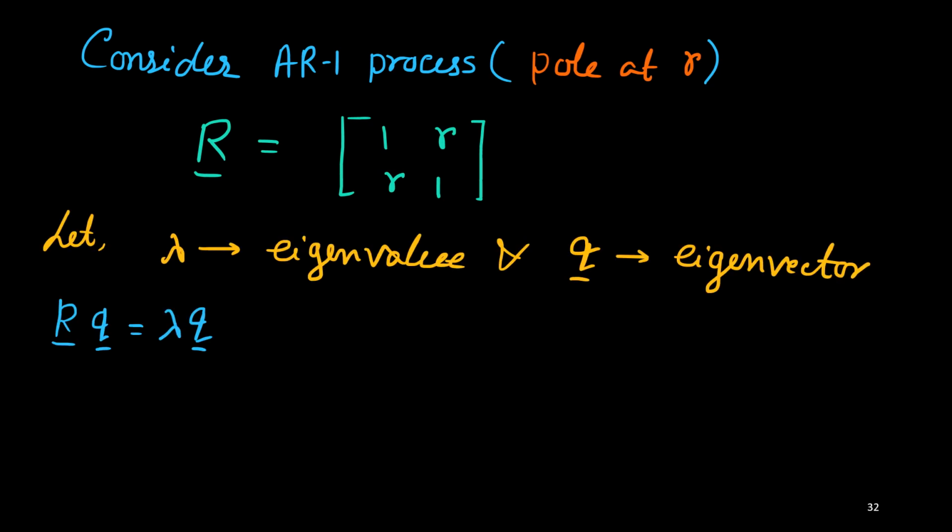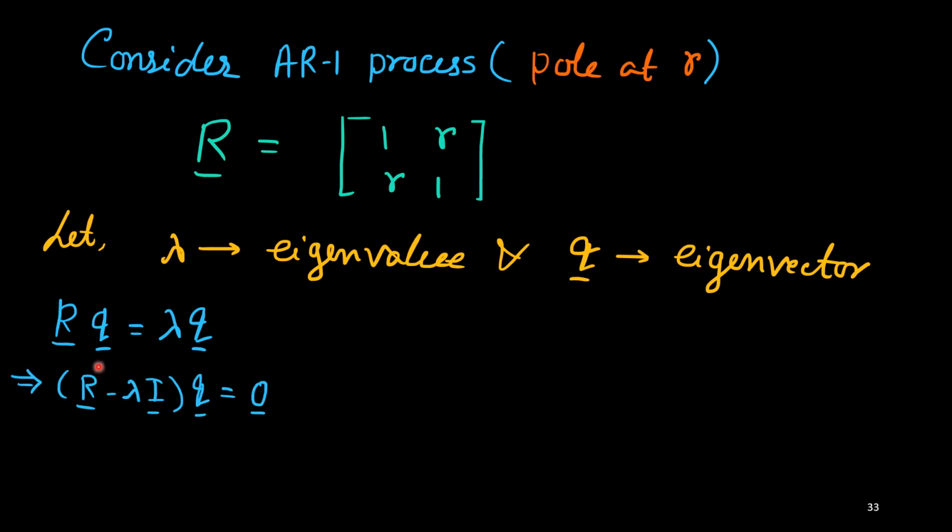So let lambda be the eigenvalues and q the eigenvectors. If I consider one eigenvalue is lambda and corresponding eigenvector is q, then we understand that Rq equals lambda times q, right?